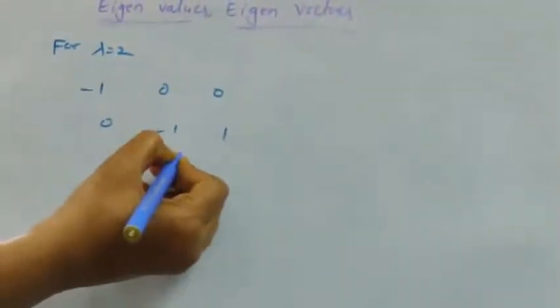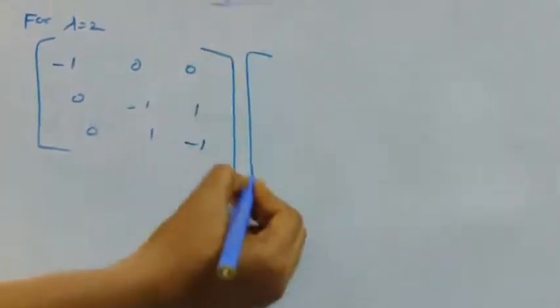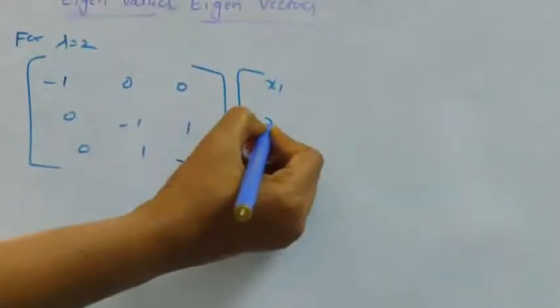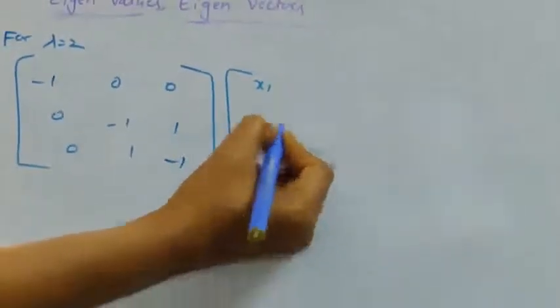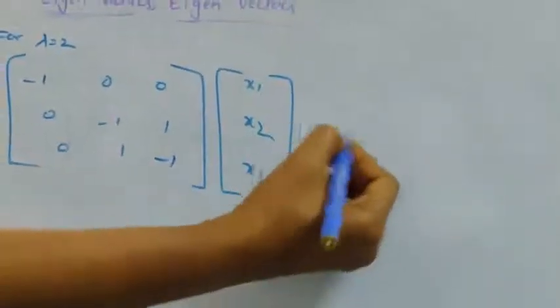A similar process you have to apply for the second case and third case. By solving that, we will get the matrix as 0, 1, minus 1 into x1, x2, x3 is equal to 0.